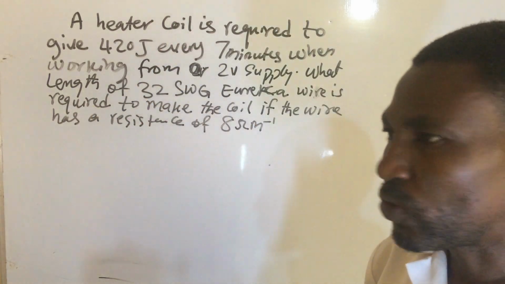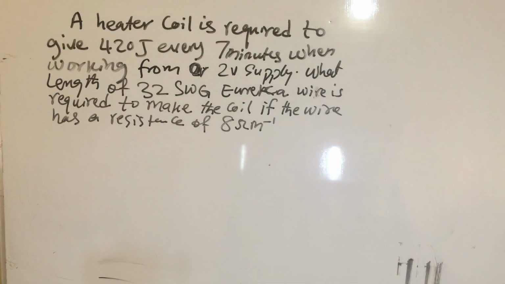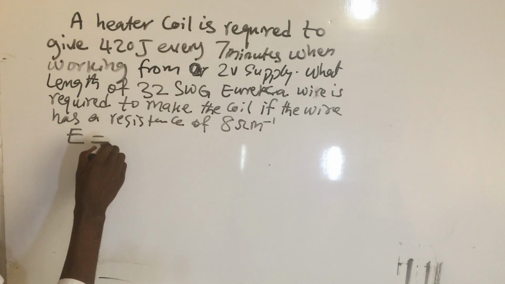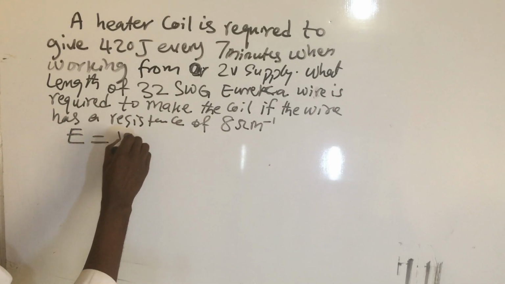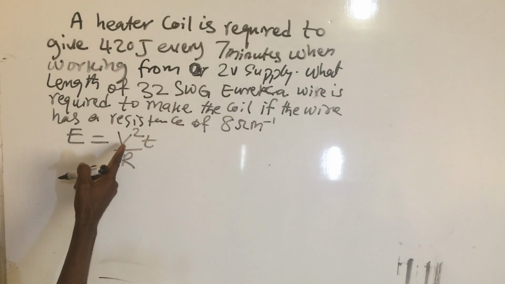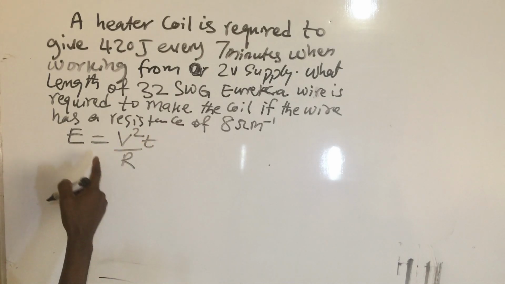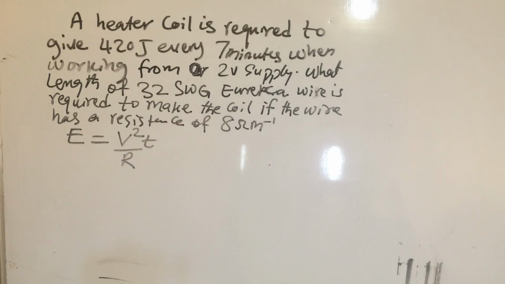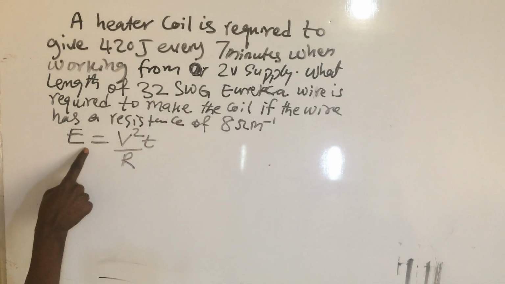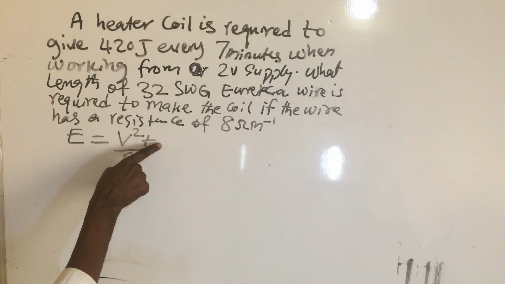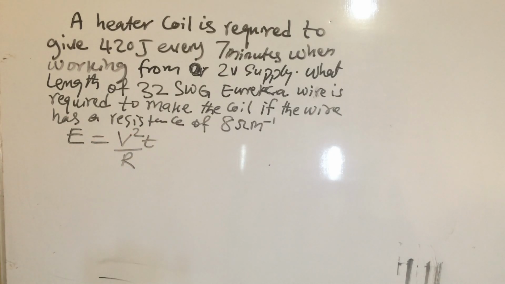We remember that electrical energy is equal to V squared times time over R. Electrical energy here is equal to voltage squared times time all over resistance.